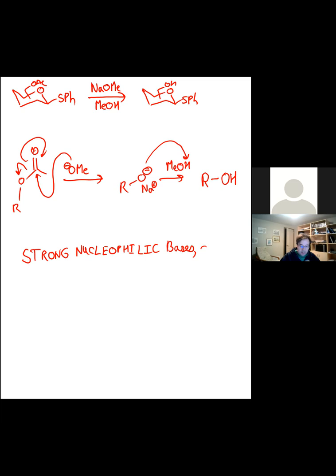Deprotect the acetate. So, no selectivity. Easy to use. Easy to take off.